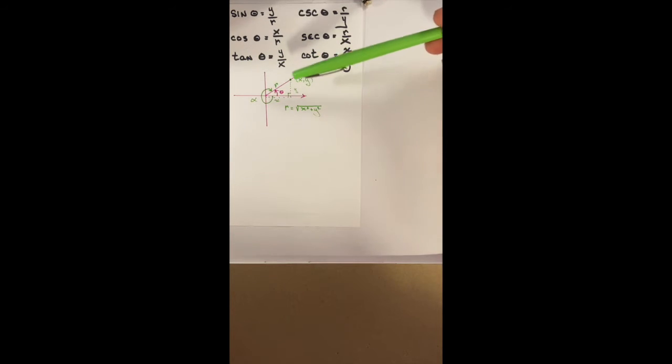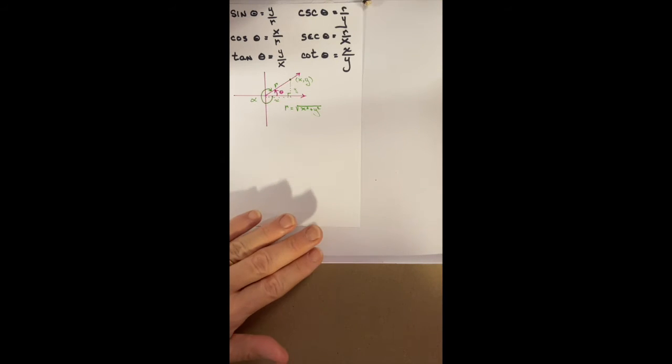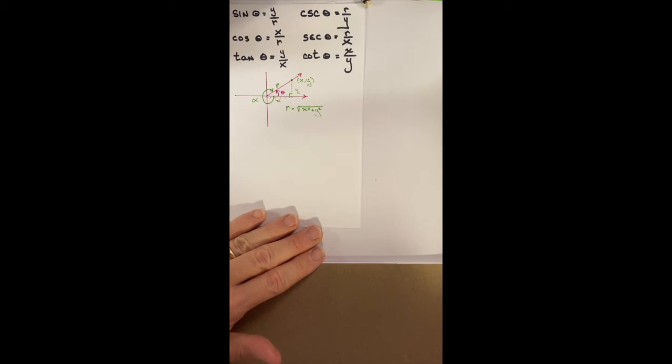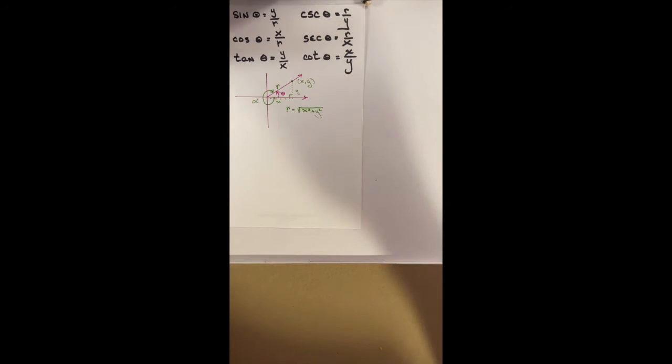And for the tangent, you take the y-coordinate and divide it by the x-coordinate. And when you look at these definitions, they are not really different from what you're used to.